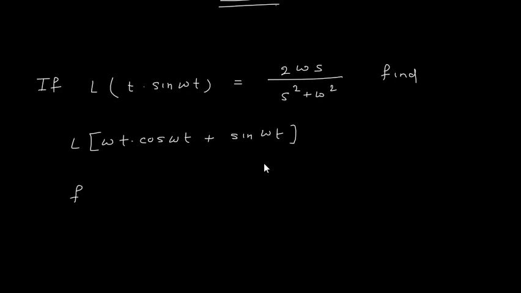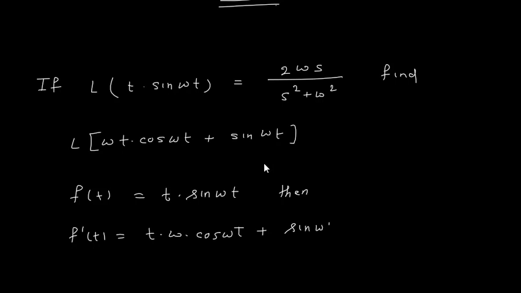Now here, if I take f of t as t into sin omega t, then f dash t will be t into omega into cos omega t plus sin omega t.